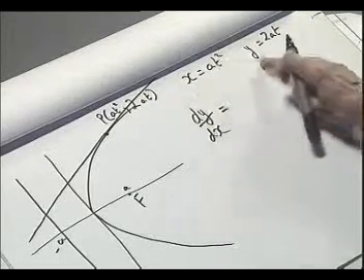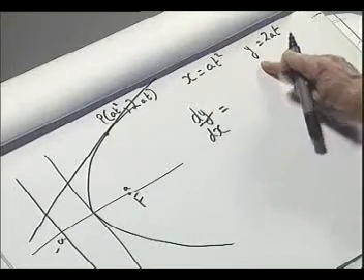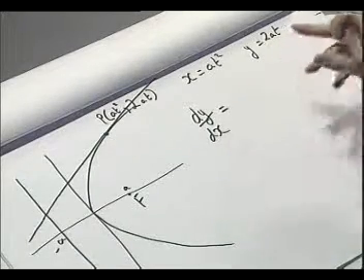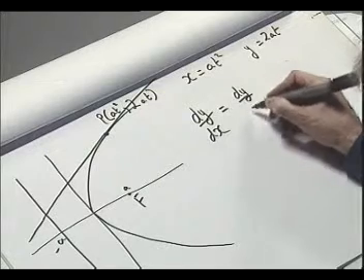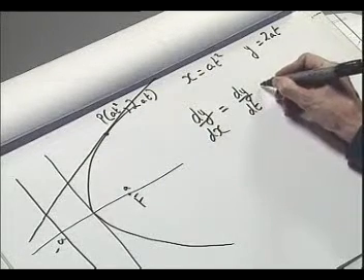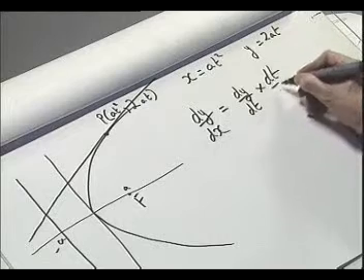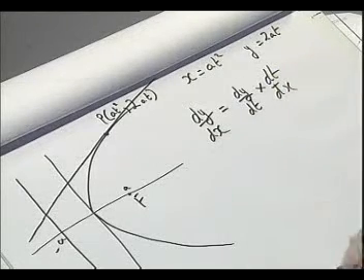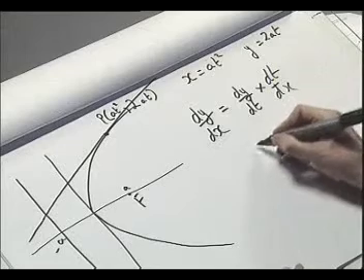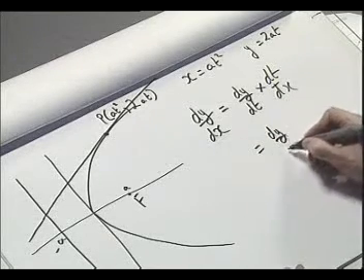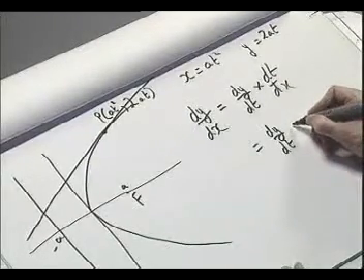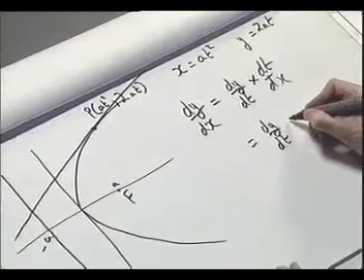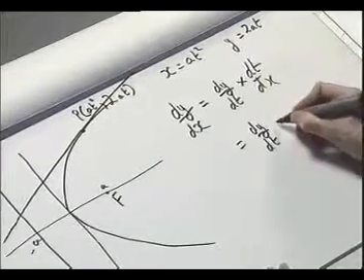But both x and y are defined in terms of t. They're defined in terms of another variable. They're functions of another variable. So if I use function of a function, dy/dt times dt/dx, then I can calculate the gradient. Let's remember that dt/dx is the same as 1 over dx/dt.